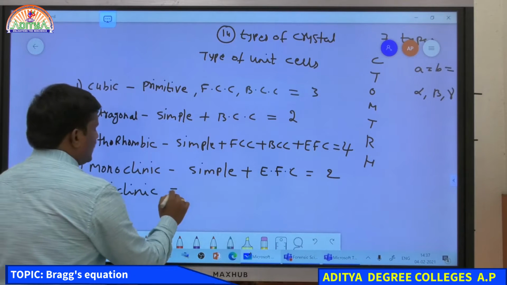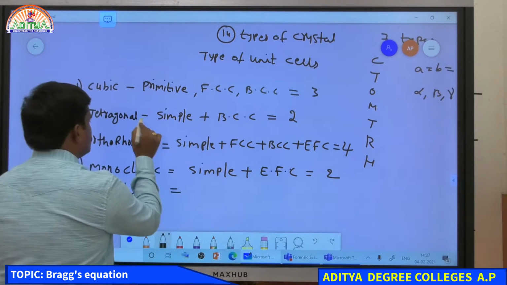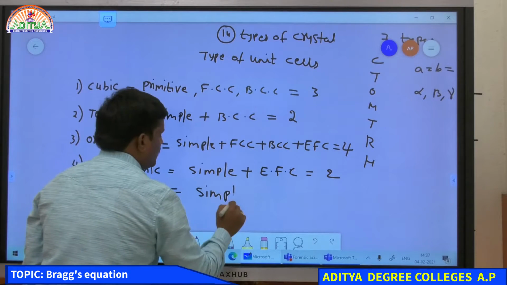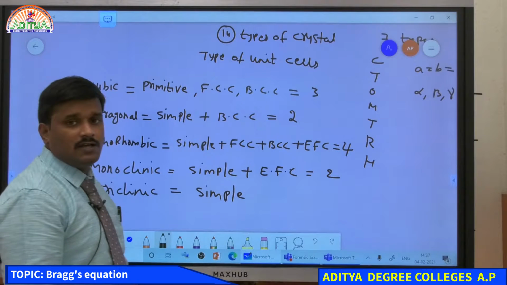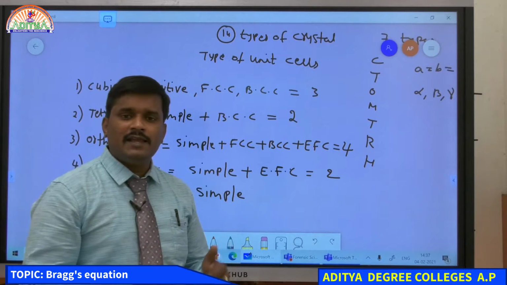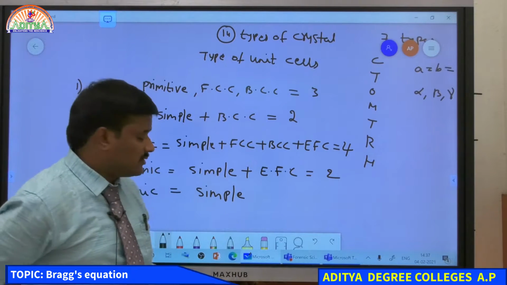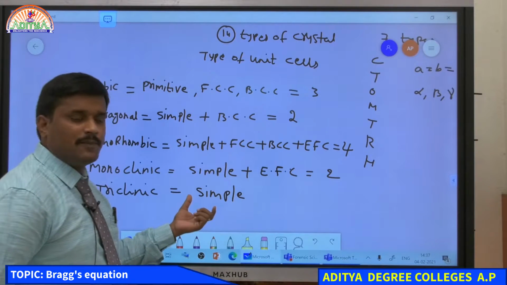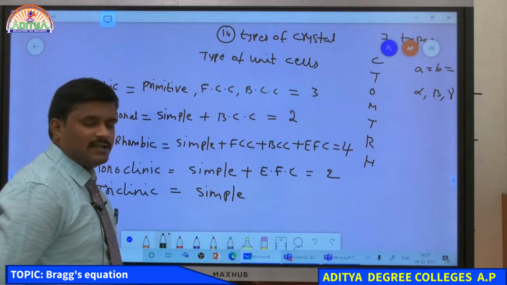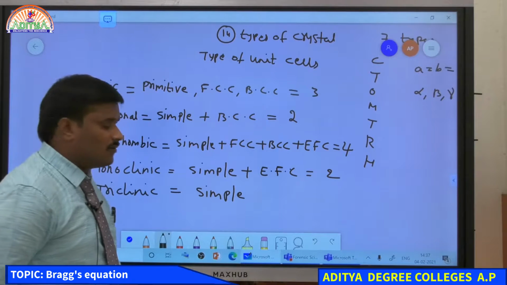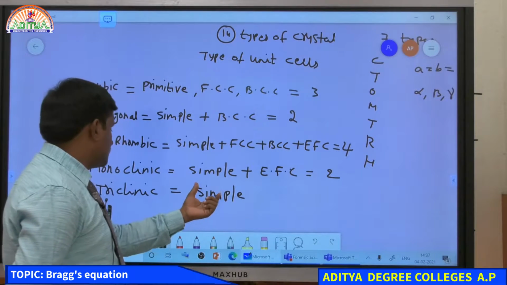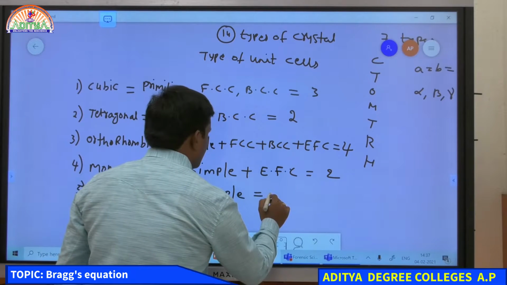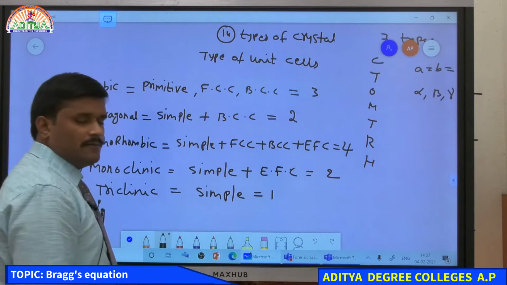In the case of triclinic, there is only one unit cell present, that is simple, where the atoms are only arranged at all corners. So the triclinic crystal has only one structure, a simple triclinic crystal. Therefore Bravais lattices for triclinic crystal is always 1.